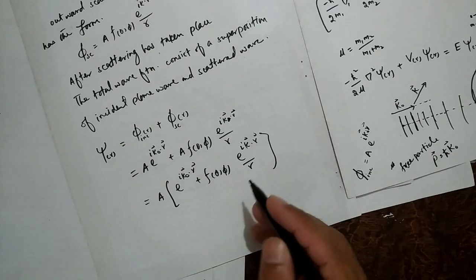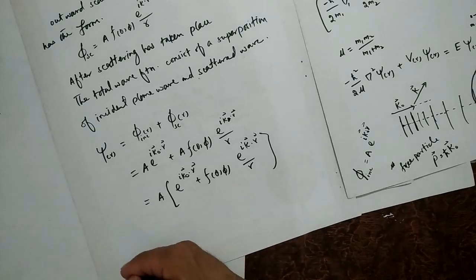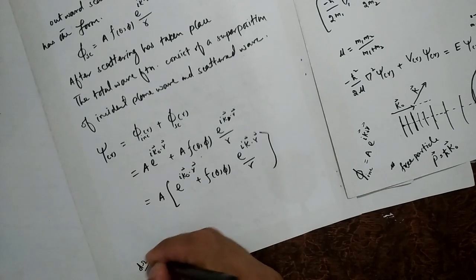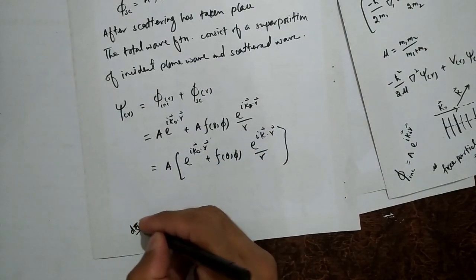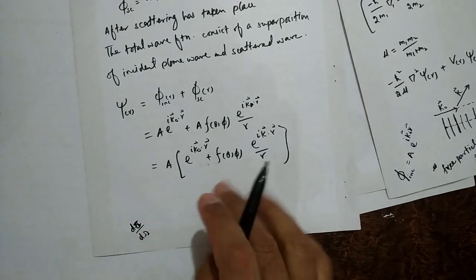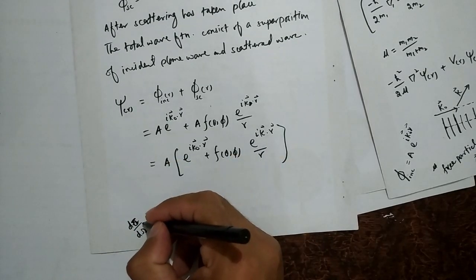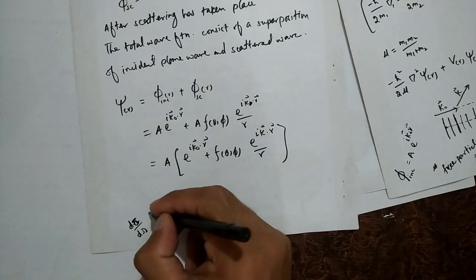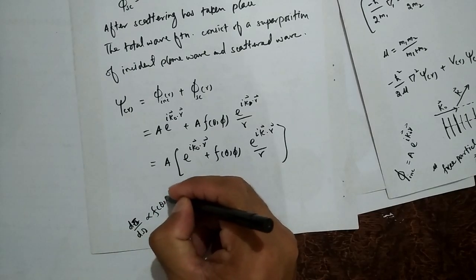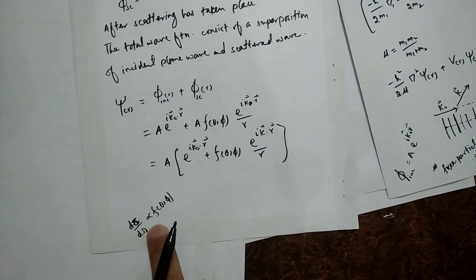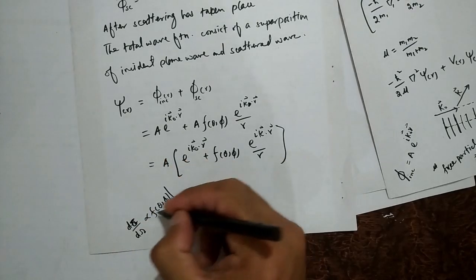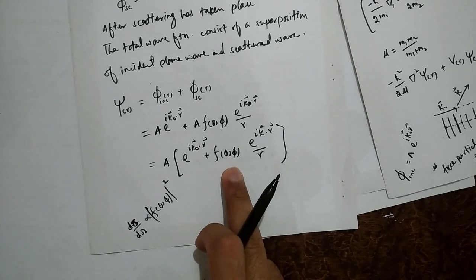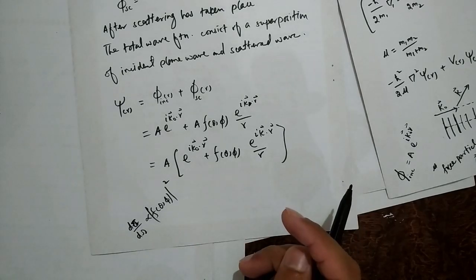In the coming lecture, we are going to calculate the differential cross section, which is d sigma upon d omega. This will be our job to calculate. This is the differential cross section in terms of f of theta and phi, which means that we are going to calculate the differential cross section using the amplitude of the scattered wave.